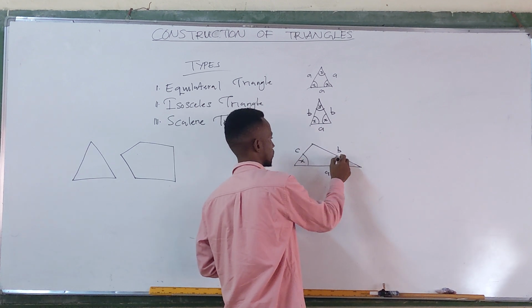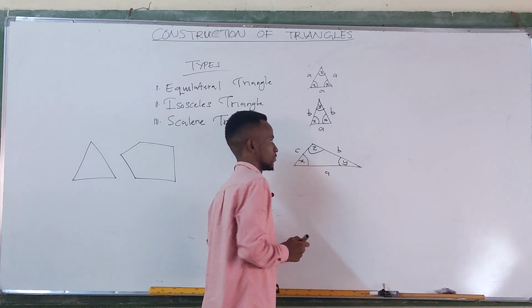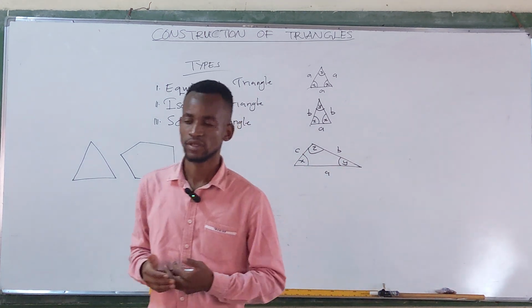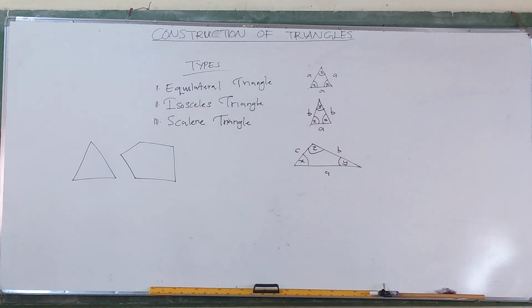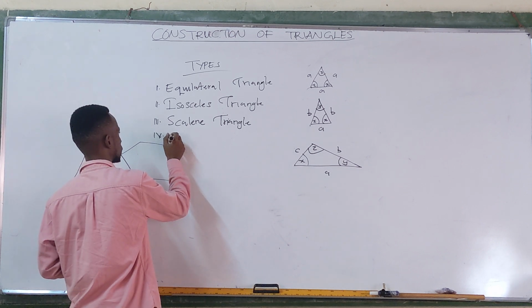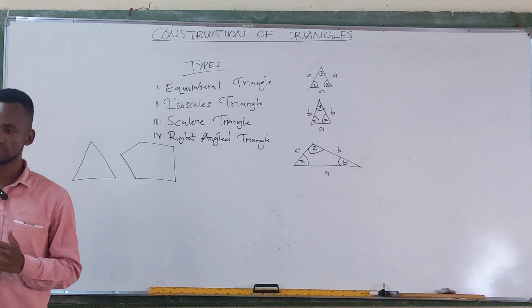And then X, Y, and Z. So all the three sides are not equal, and all the three interior angles are not equal. That is a scalene triangle.